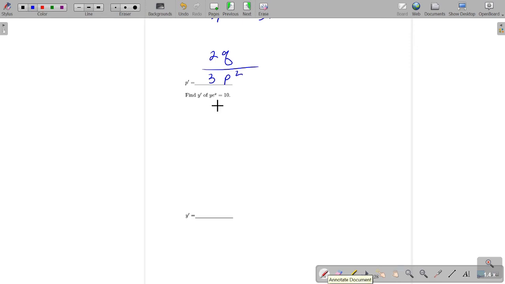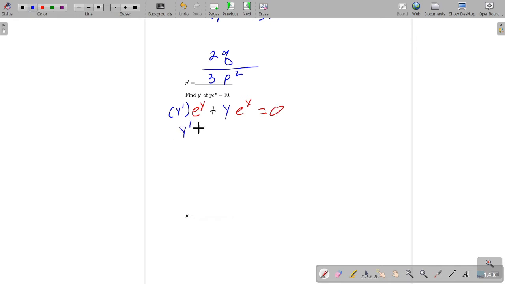So for this next one, we have the product rule here. So we would have y prime times e to the x, and then we'll have plus y e to the x equals 0.